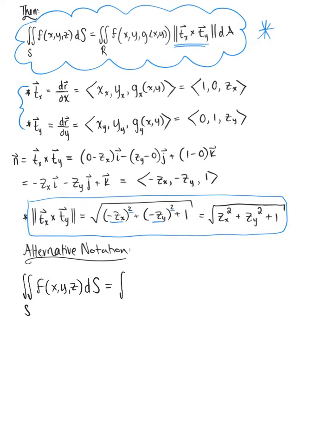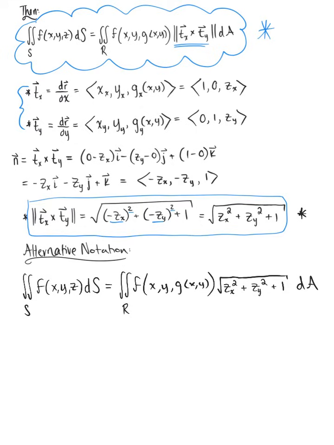And we can now rewrite this as the double integral over that region R in the plane of the parameterized function f of x, y, g of x, y, multiplied by the magnitude of the tangent vectors. So this is multiplied by the square root of the partial derivative of z with respect to x squared plus the partial derivative of z with respect to y squared plus 1 dA.